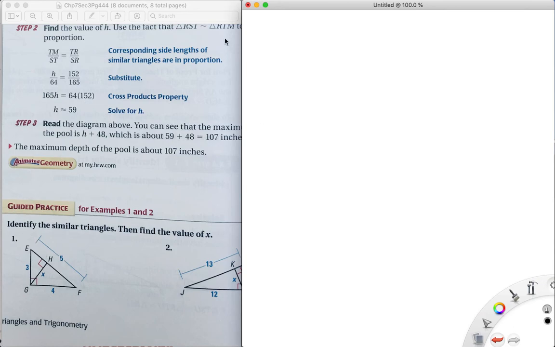So here we have a 3, 4, 5 triangle. These are not to scale. I'm just drawing them so I can exaggerate the small leg and the long leg.